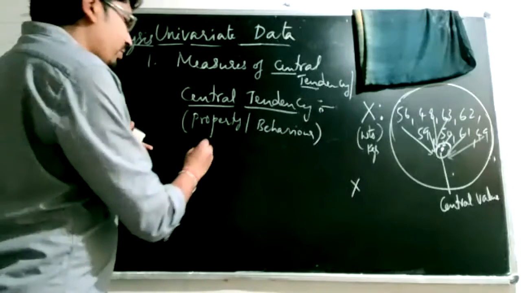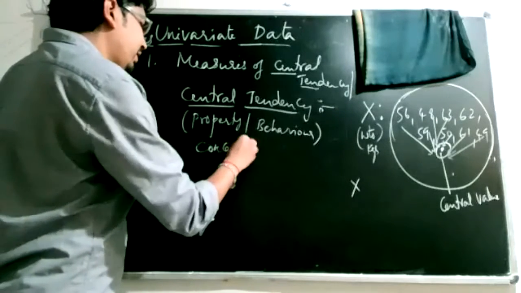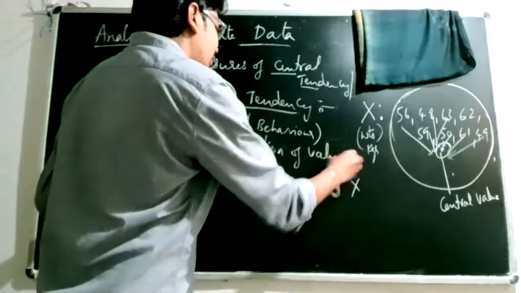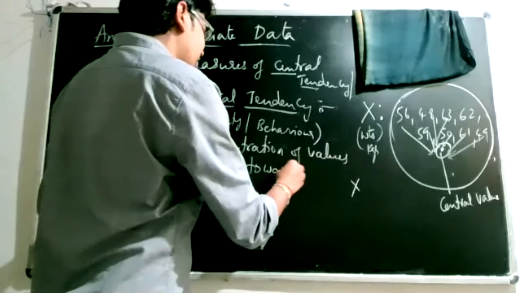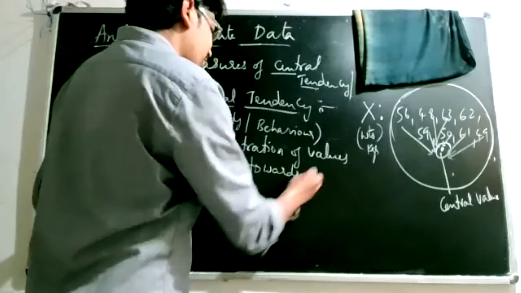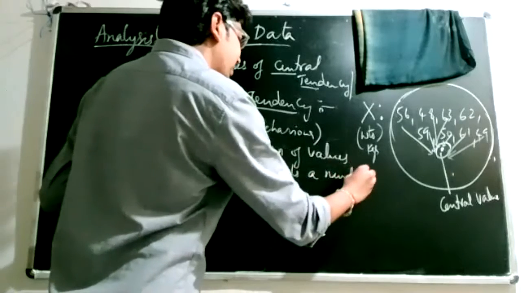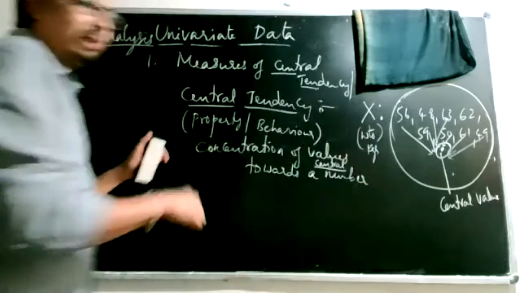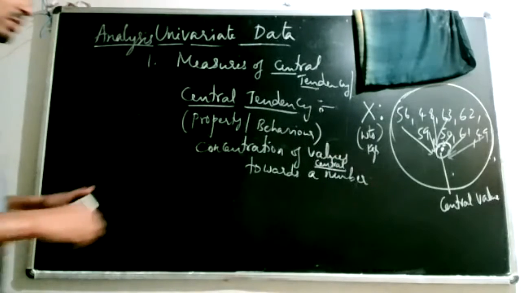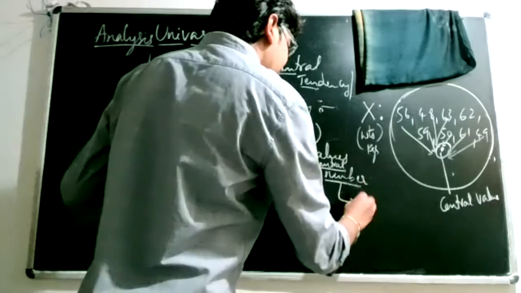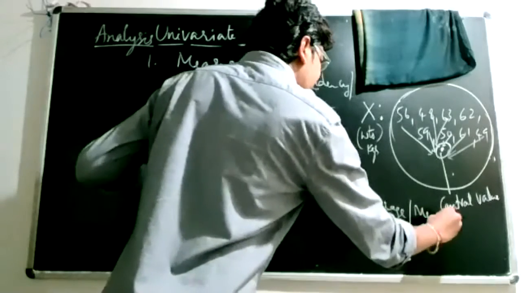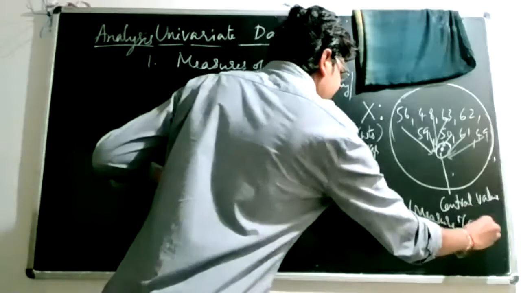So what we are observing is that there is a certain property or behavior. What is that behavior? The behavior is concentration of values towards a central number. We call that a central number because usually that happens to be the value in between the observed values. This central number is called the average statistically, and in layman's language we call it a measure of central tendency.